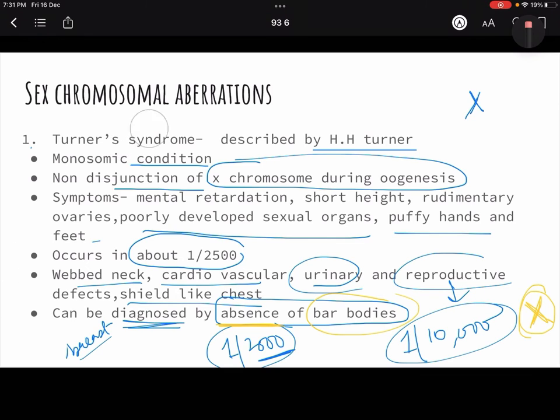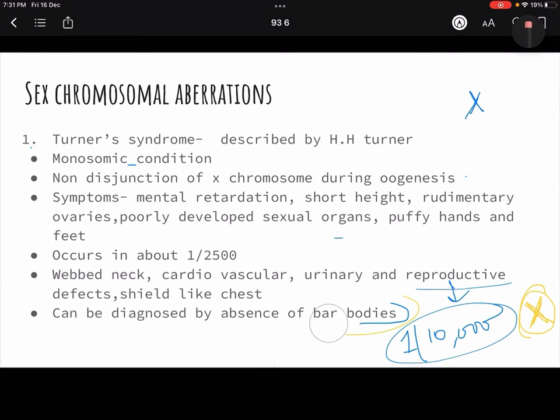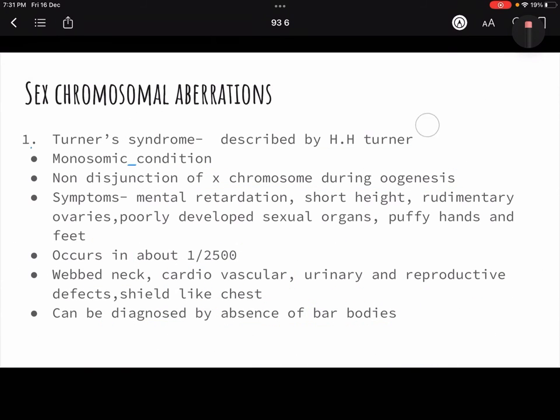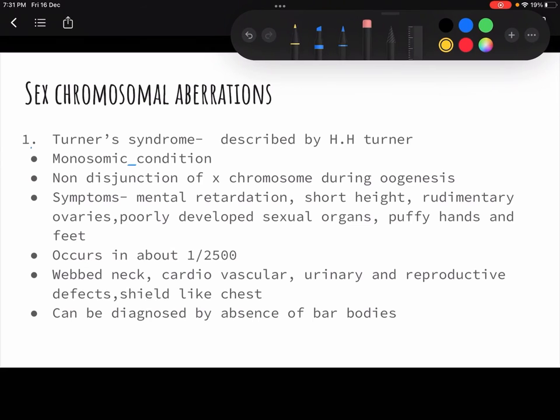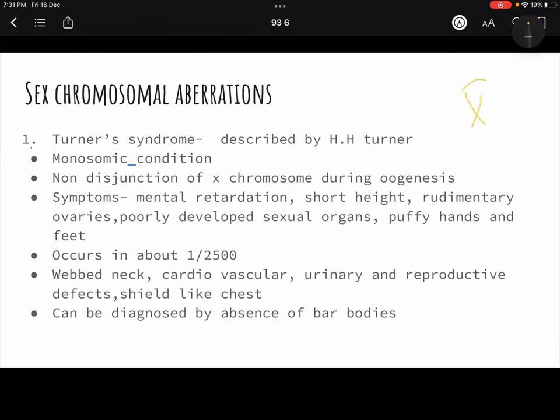So that is why now you can say that this disease is not that fatal, because as I already told you, most of the genes are encoded on the X, and only one at a time is working in the females also.